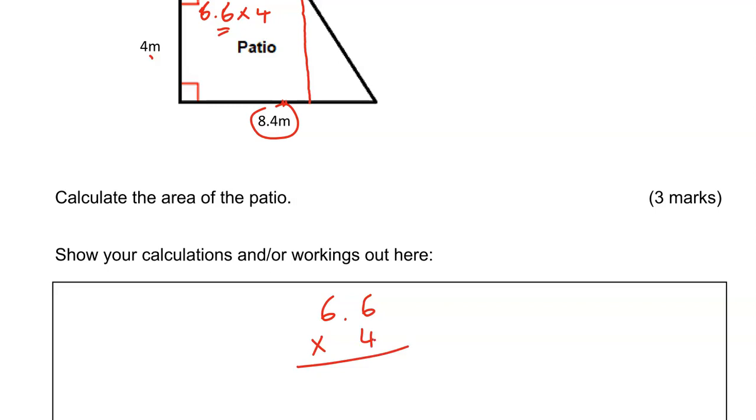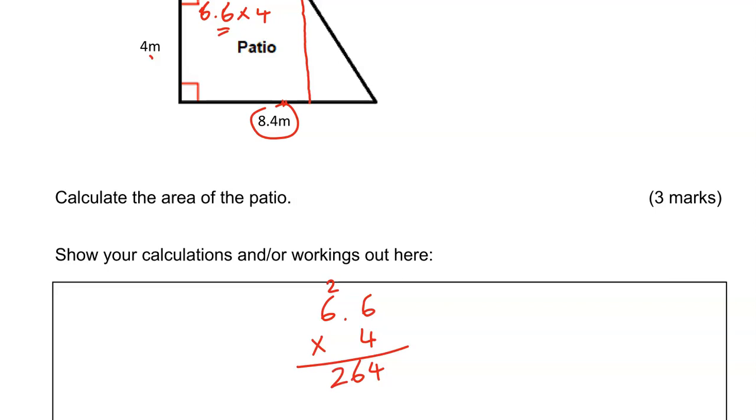Six times 4, or 4 times 6, that is 24. So 4 down and 2 carried over. 4 times 6 again is 24, and the 2 is 26.